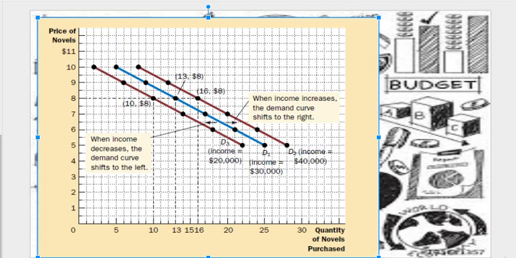I also wanted to talk a little bit about how you can read these graphs, because students who are in the early stages of economics kind of get frightened, especially those who are not mathematically inclined.